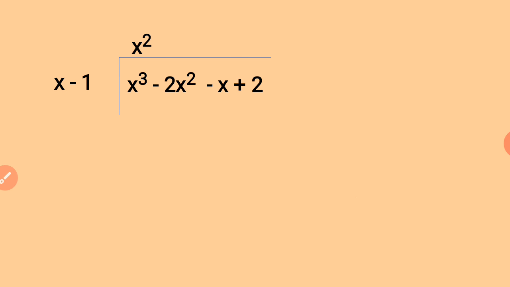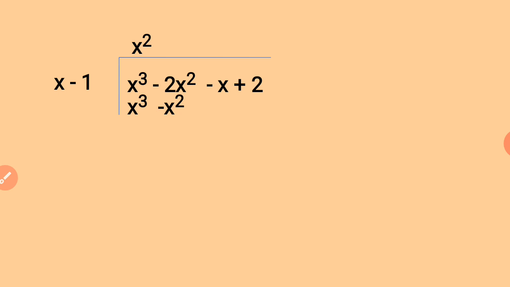First term of the quotient will be x square. When you multiply x square with x, you get it as x cube. The second multiplication of x square with minus 1 will give you minus x square. So that is what is noted down.